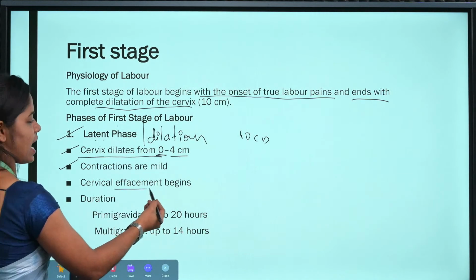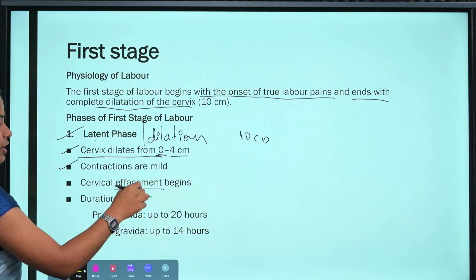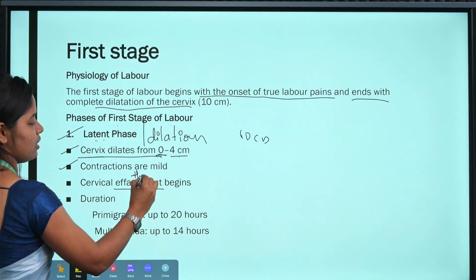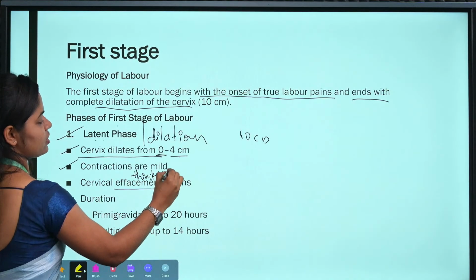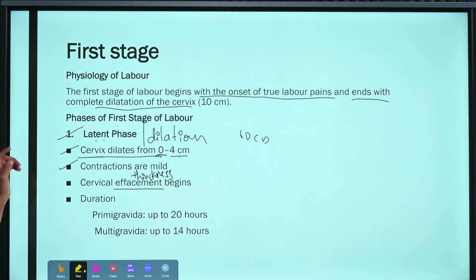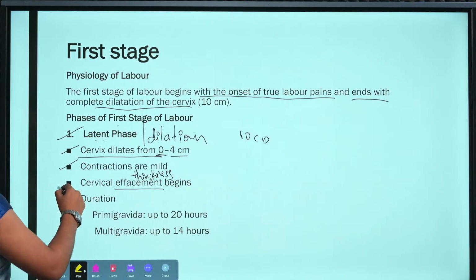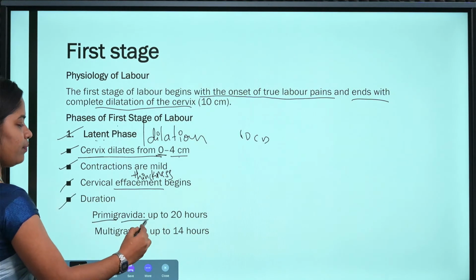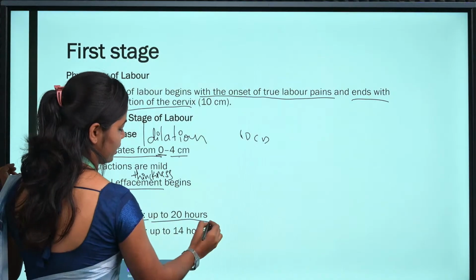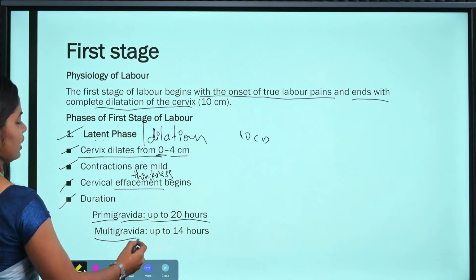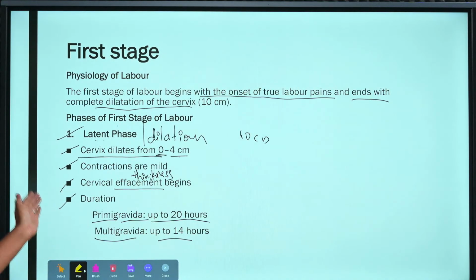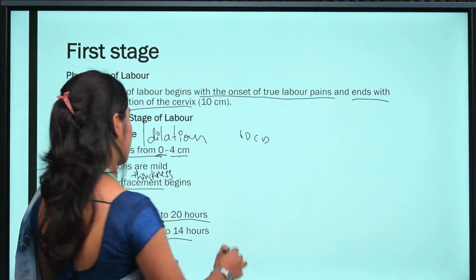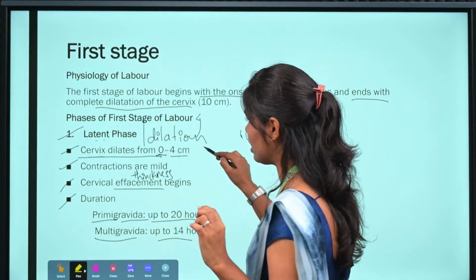Effacement, the thinning of the cervix, will start in the latent phase of the first stage. The duration in a primigravida will be up to 20 hours. If it is a multigravida, it will be up to 14 hours. This is the first phase of the first stage, the latent phase. The first stage is also called the dilatation phase or dilatation stage.